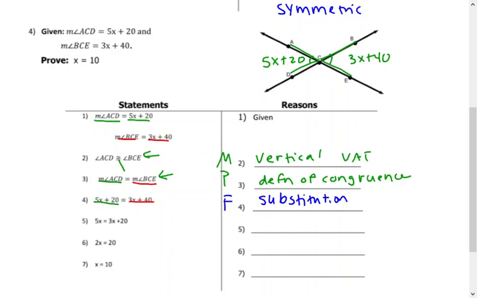Okay, now we're looking at what happened between 4 and 5, what went away and what stayed the same. So the 5x stayed the same, but we got rid of 20. So I think we subtracted 20 from this side, and 40 became 20, so we subtracted 20 from that side. When you subtract the same thing from both sides, you're talking about the subtraction property.